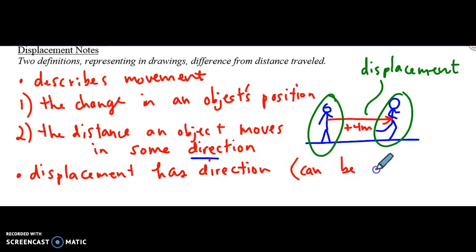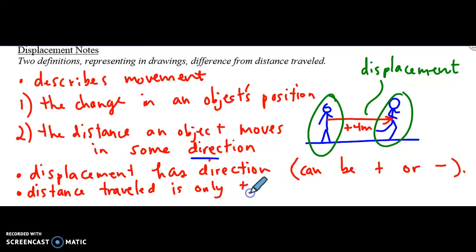Displacement can be positive or negative. There's a difference between displacement and distance traveled. Distance cannot be negative. The distance a person travels, or the distance traveled, is only positive.